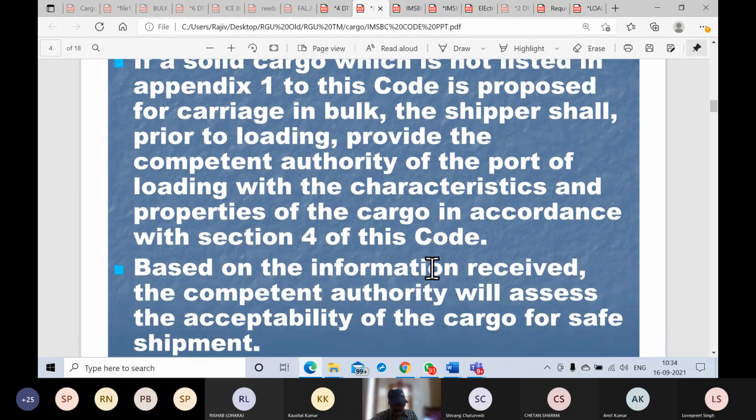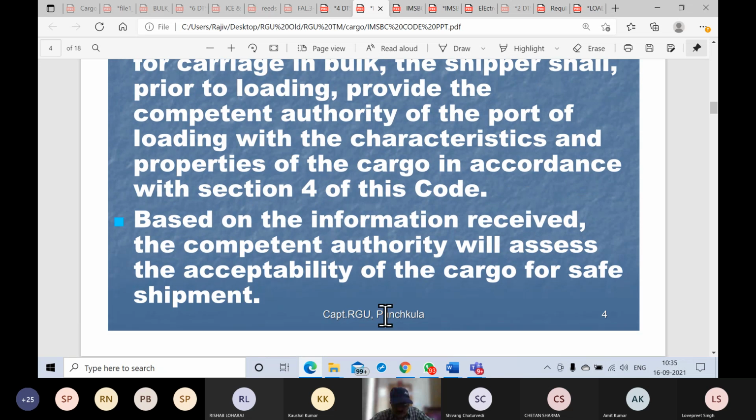Have you understood? We will see what information the shipper is required to furnish. But have you understood this point? Since the cargo is not listed in the code, the shipper has prepared a declaration. It is provided.